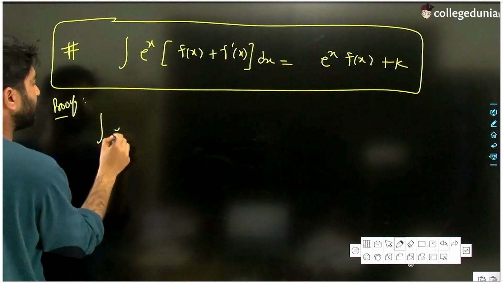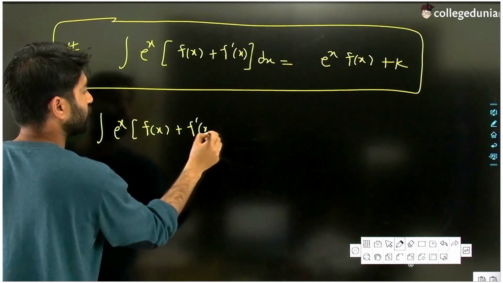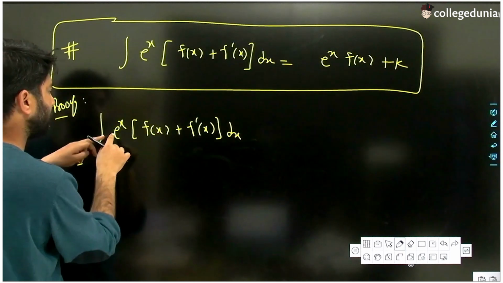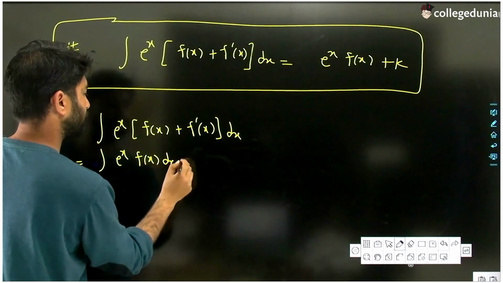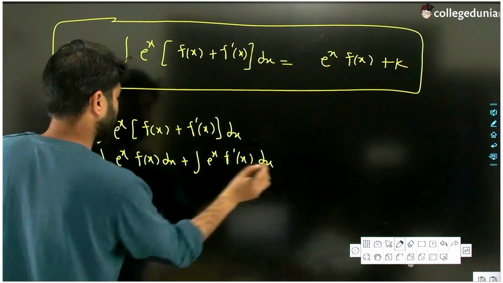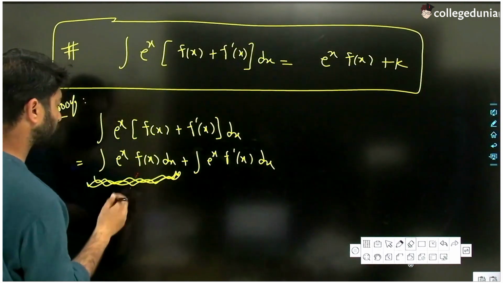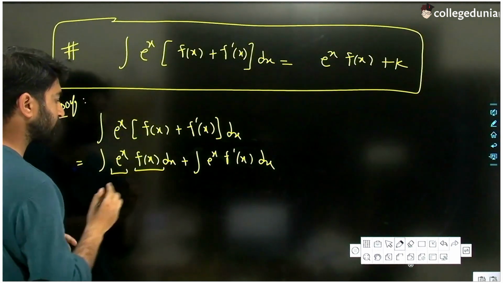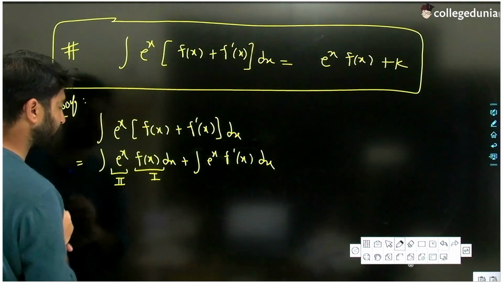we have to integrate e^x into f(x) plus f dash x, right? If we open the bracket, this e^x will be multiplied with f(x) plus e^x multiplied by f dash x. In this part, we can use by parts rule. This e^x and f(x), these two terms are in multiplication. I am taking this f(x) as first and this e^x as second function.